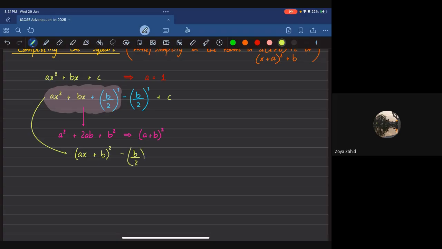Because b squared and c are constants, they're simply going to act as a single constant.